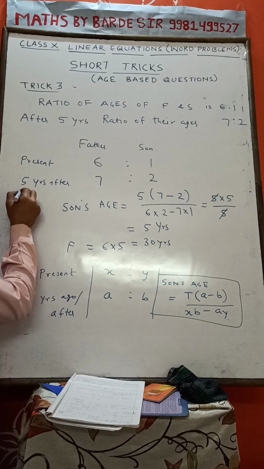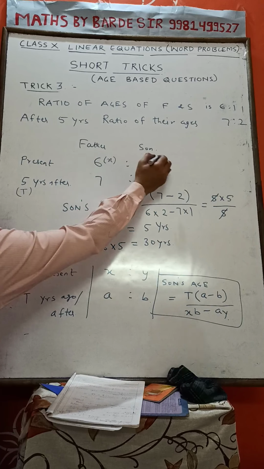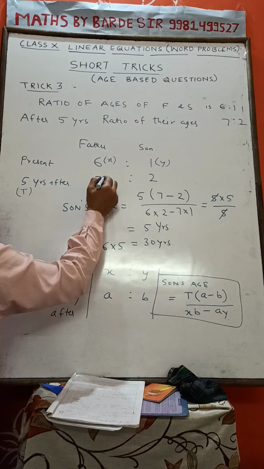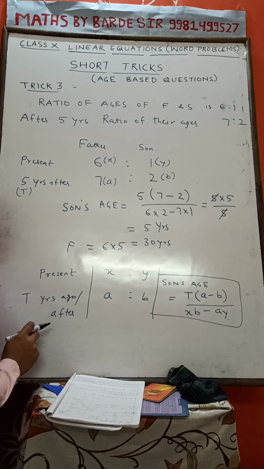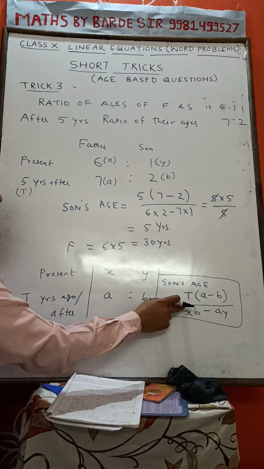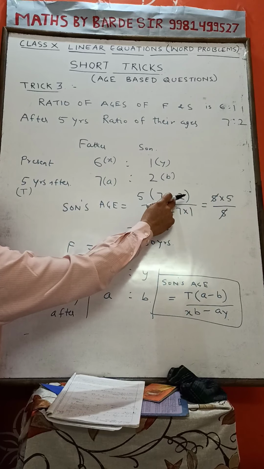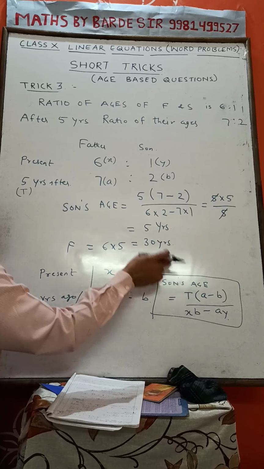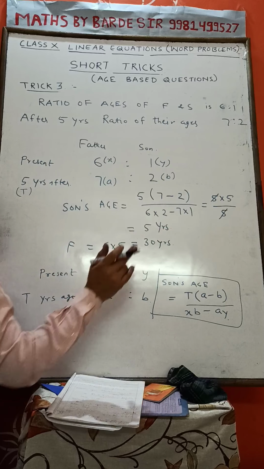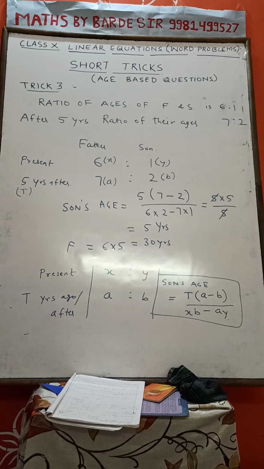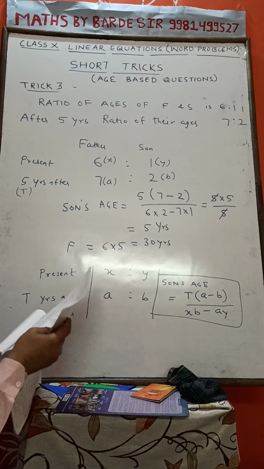This is T, 5 years. This is x, this is y. This one is a and this is b. T into a minus b, 5 into 7 minus 2, upon xb, 6 into 2 minus ay, 7 into 1. So this is trick number 3 to solve age-based questions.